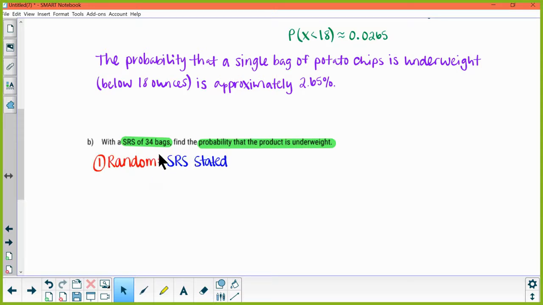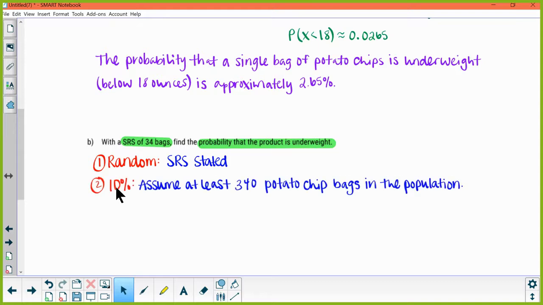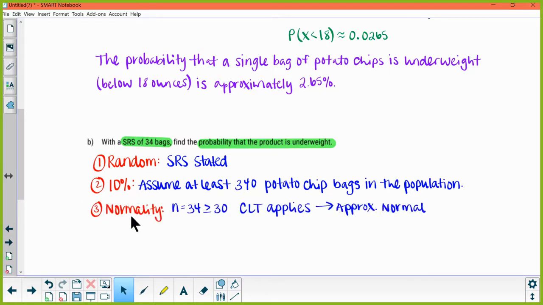It is stated as an SRS, so we're going to assume the random condition is met. We can assume that there are at least 340 potato chip bags in the population. And for normality, in this instance, the central limit theorem applies because 34 is greater than our 30 cutoff value.